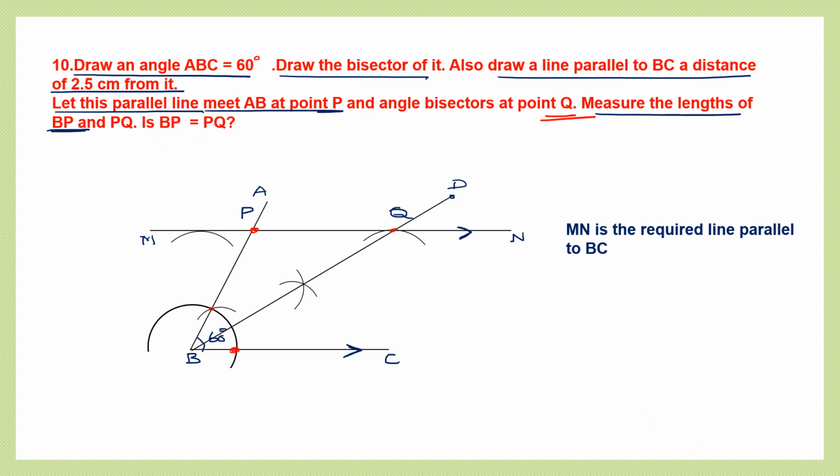So take your ruler, measure BP and PQ, and you will see that the length of BP is the same as the length of PQ. That means BP is equal to PQ. So we have answered this part also. The answer is yes. So we have completed this construction. We have done all that we have been asked to do, and finally, we have found out that BP is equal to PQ.